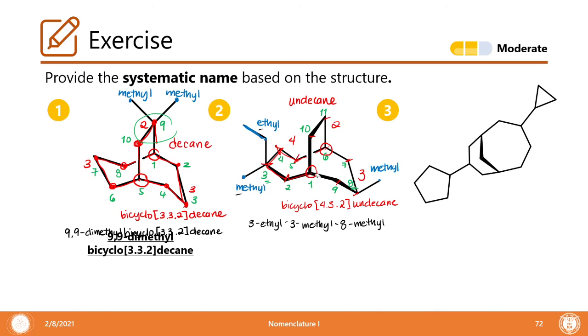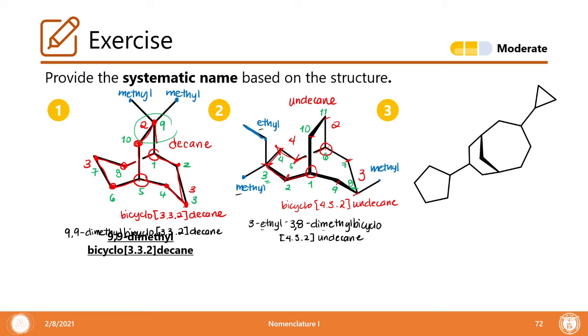We can actually combine these two since they are both methyl groups. 3,8 dimethyl, and we won't consider the letter D in our alphabetization, E and M, followed by bicyclo 4, 3, 2 undecane.